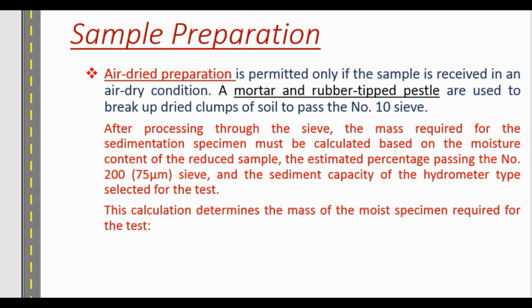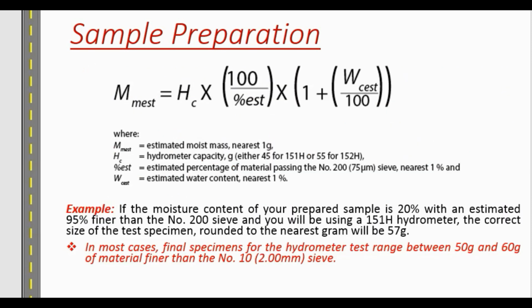For that purpose, if we have soil particles greater than the number 10 sieve, we have to break them down using a mortar and rubber-tipped pestle. Normally moist preparation is the preferred method. There is an equation for preparation of the moist sample in which all the data is provided.